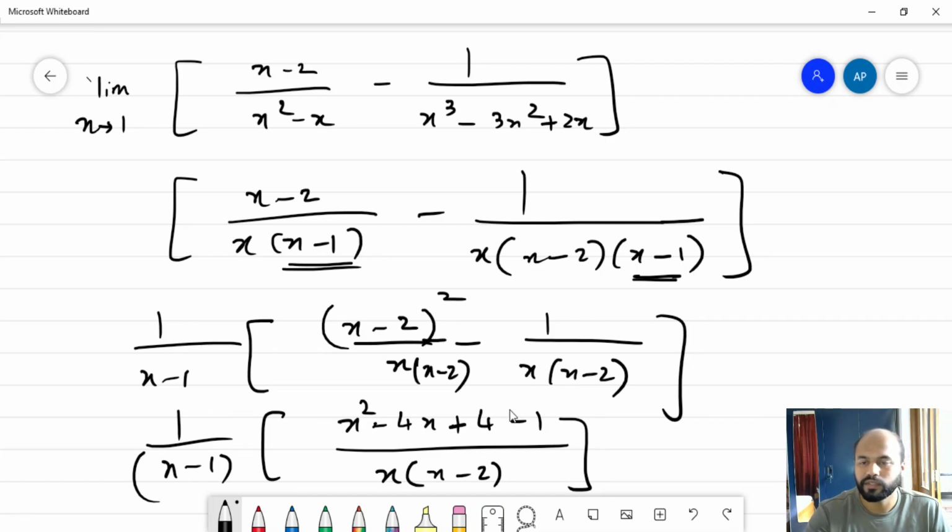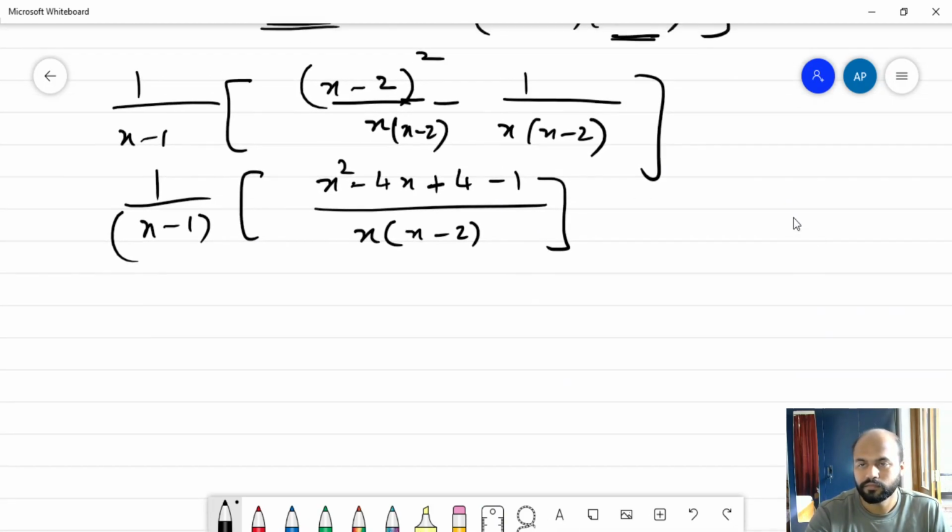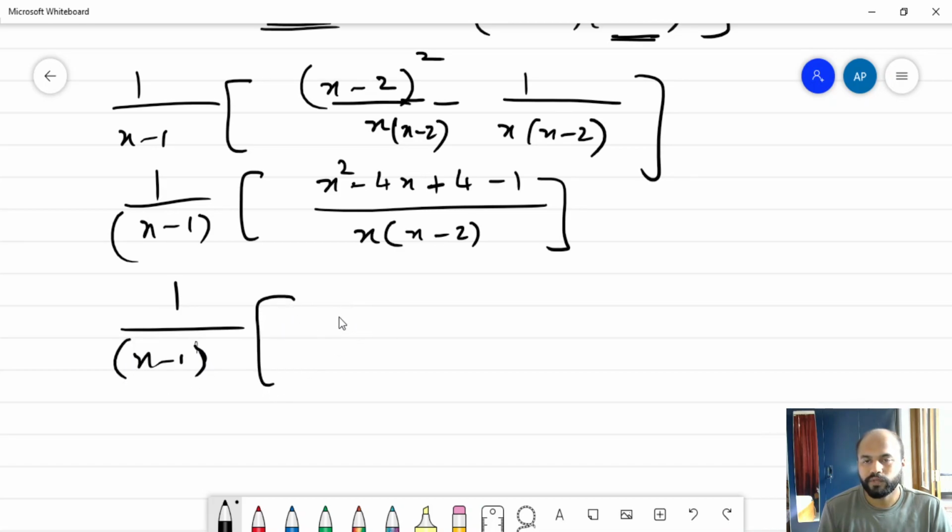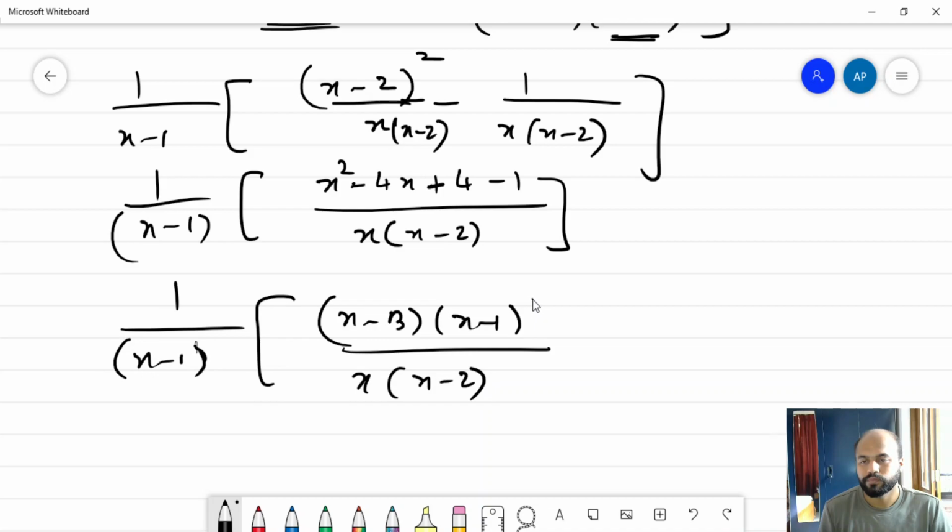So let's continue further. If you continue further, you're going to get x minus 1, and on top you're going to get (x minus 3) into (x minus 1) as the factors. Here we're going to get x minus 2. So you can clearly see that x minus 1 will vanish.